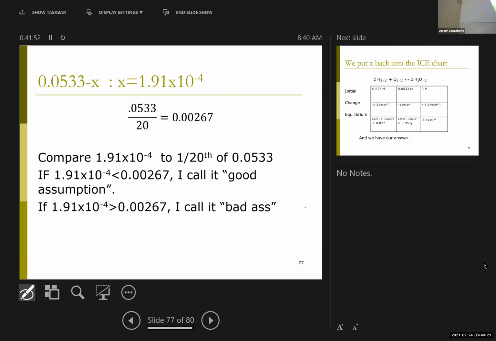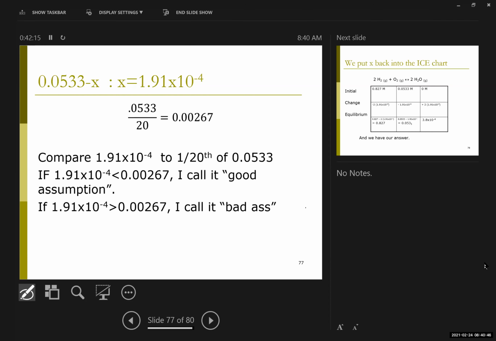So 5% of 0.0533 is 0.00267. So any X value less than 0.00267, I would consider it to be a good assumption that it's small. Anything greater than 0.00267, I would take to be a bad assumption. It's really, again, a 2 sig fig rule.